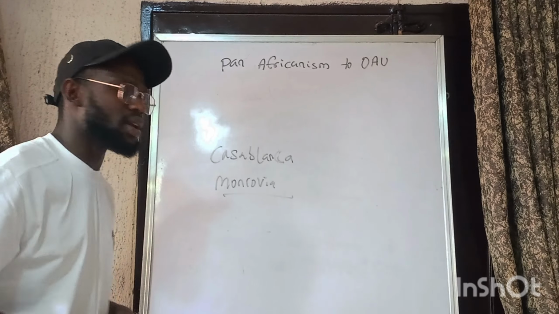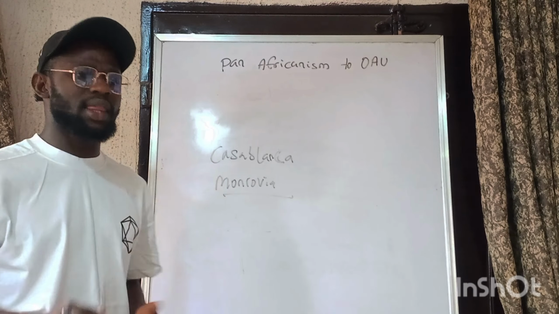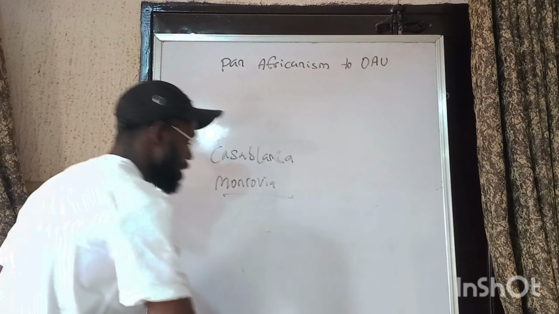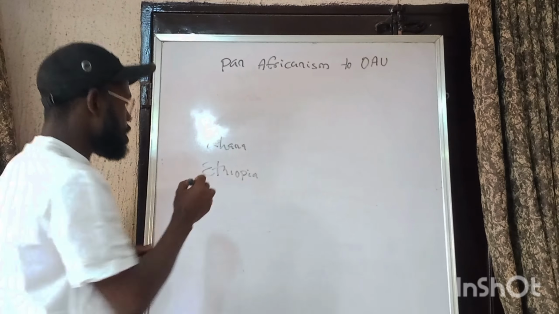But in the long run, after these blocs, all of them said, okay, let's come together. Most especially about three countries that involve Ghana. There is another country called Ethiopia. There is another country called Egypt.